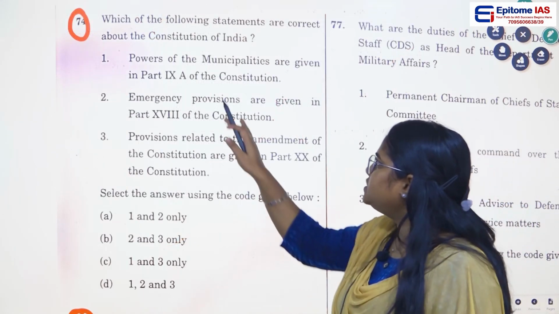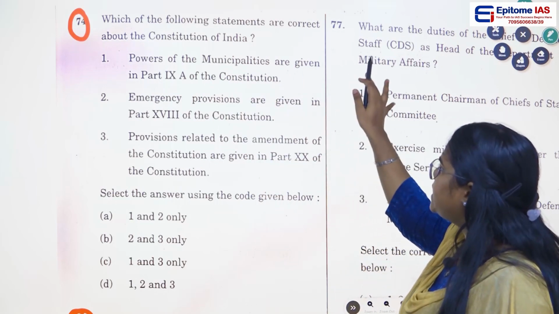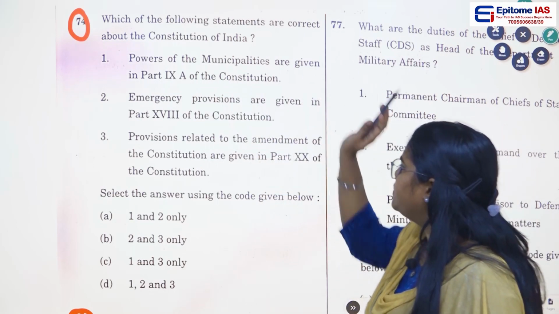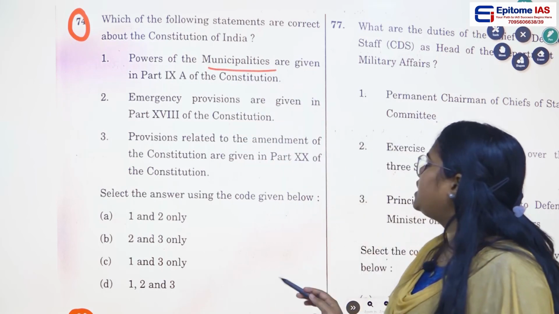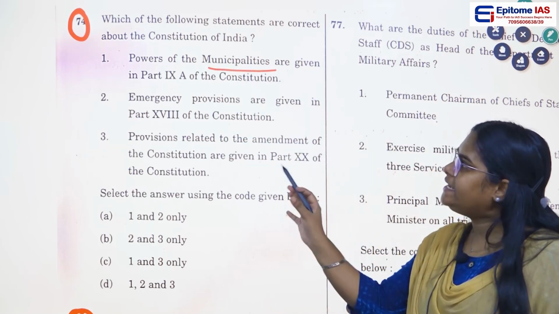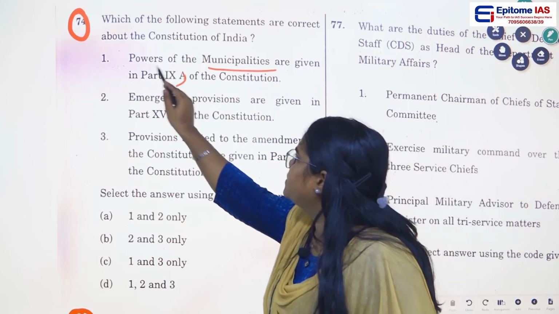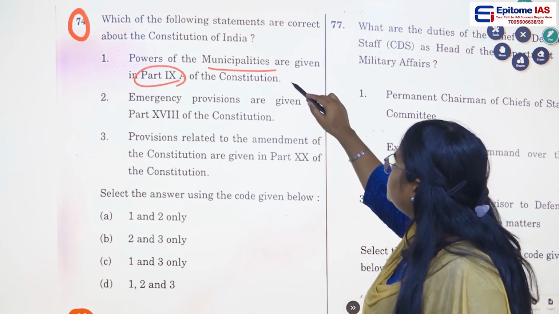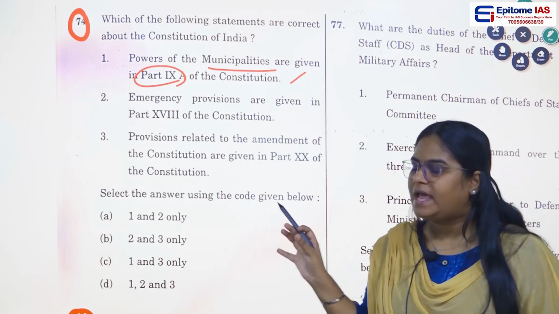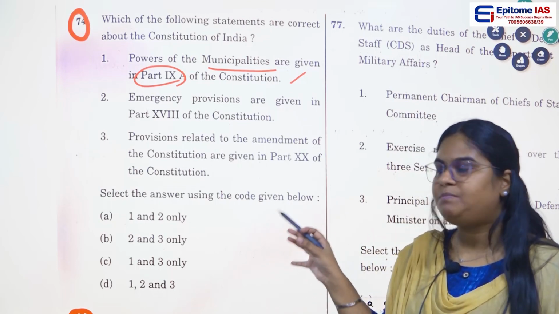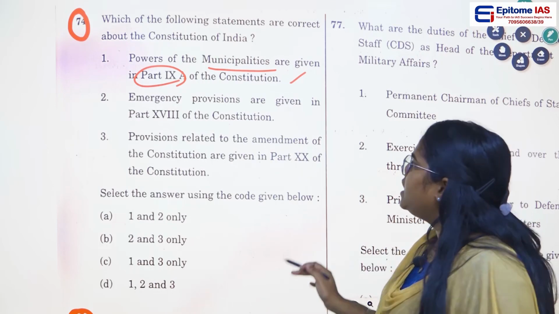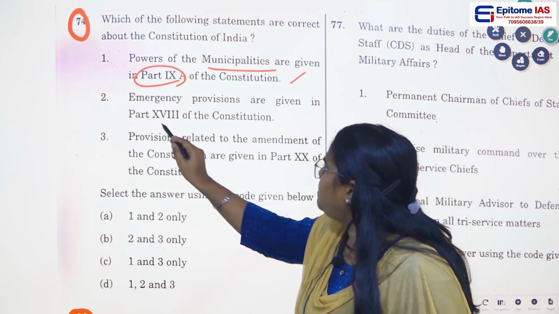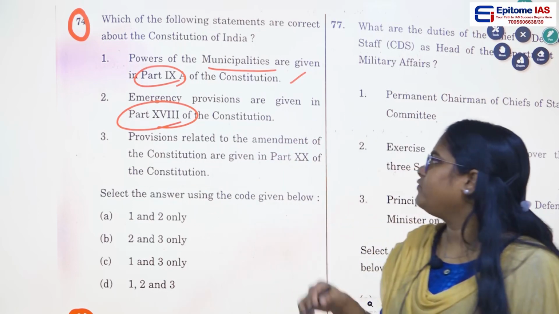So the next question is, which of the following statements are correct about the Constitution of India? Statement 1, powers of municipalities are given in Part 9A of the Constitution. Yes, this is true. Statement 2, emergency provisions are given in Part 18 of the Constitution.